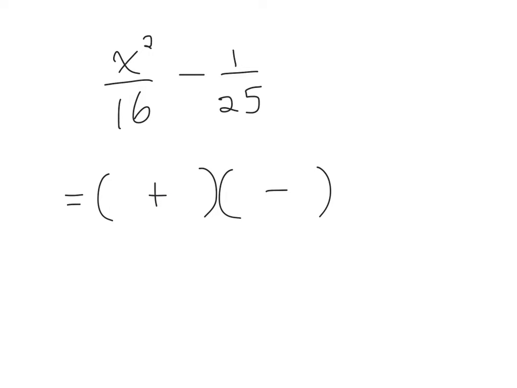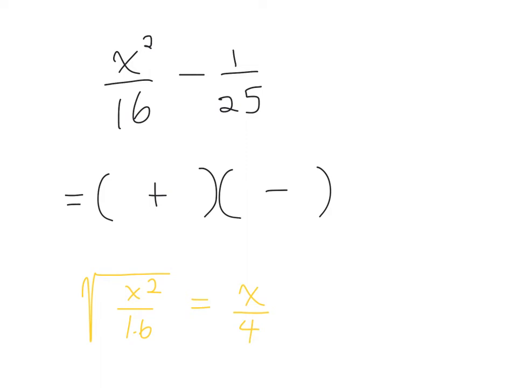And then I need to say, how do I get the square root of x squared over 16? Well, I just simply take the square root of the numerator, so x squared has a square root of x, and then I take the square root of my denominator, which is 4. Square root of 16 is 4.